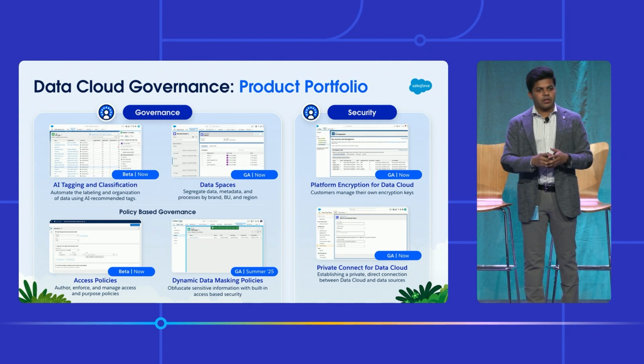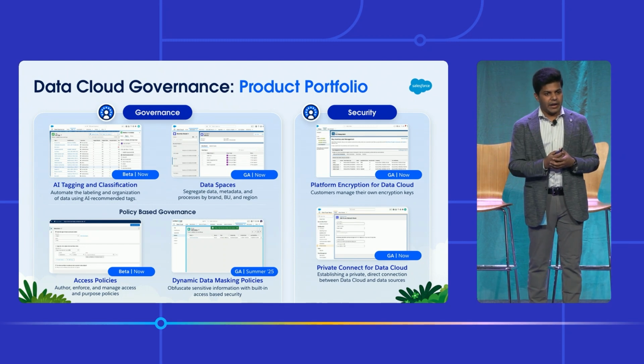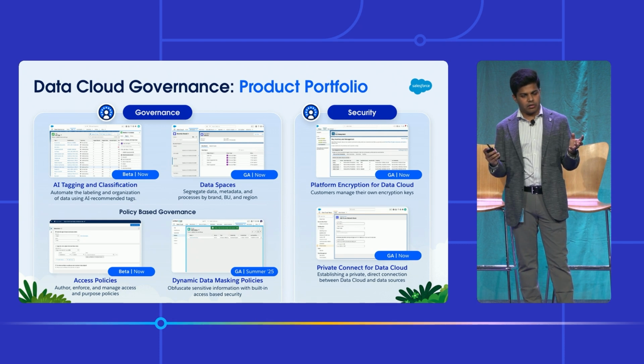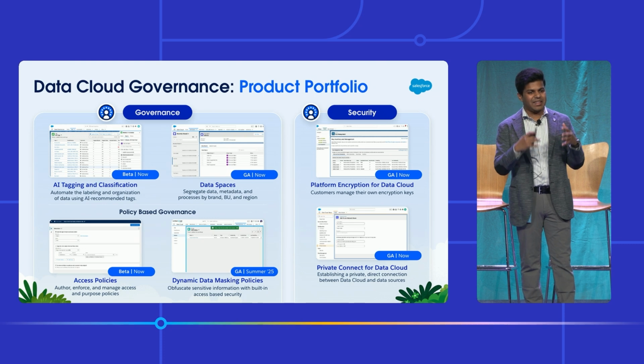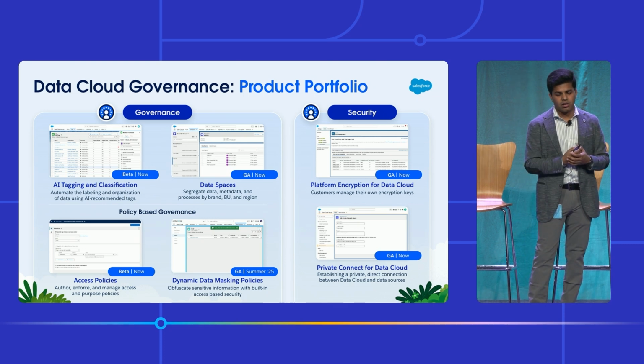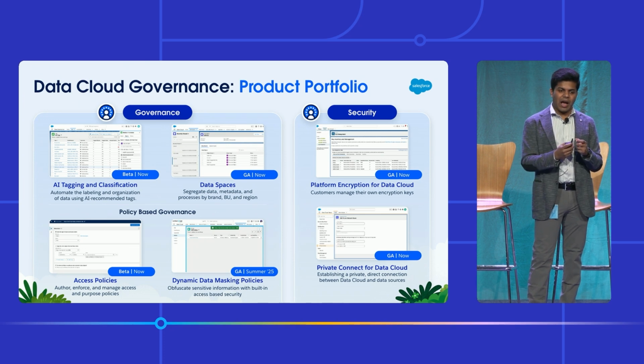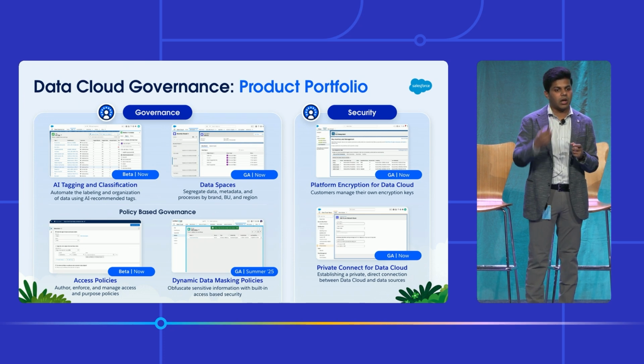Beyond data spaces, there are a lot more controls that we have now added to our data governance layer. So beyond data spaces, now we have AI-based tagging and classification, which recently went into beta. With that, we also have access policies and policy-based governance.